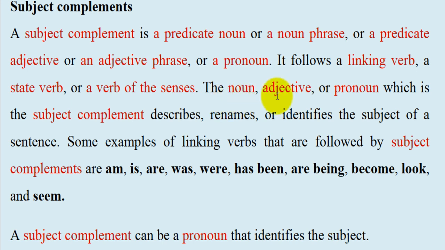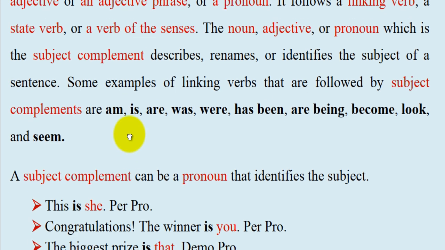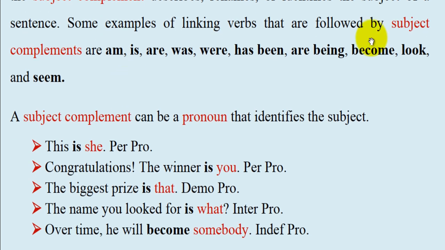The noun, adjective, or pronoun, which is the subject complement, describes, renames, or identifies the subject of a sentence. Some examples of linking verbs that are followed by subject complements are I am, is, are, was, were, has been, are being, become, look, and seem.